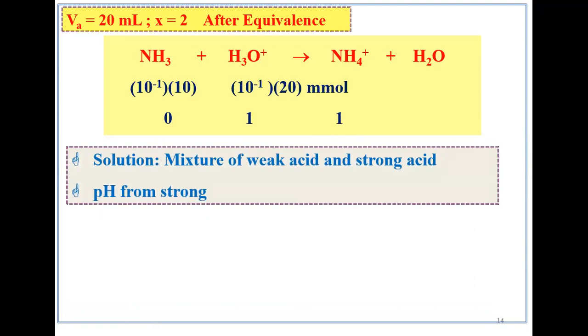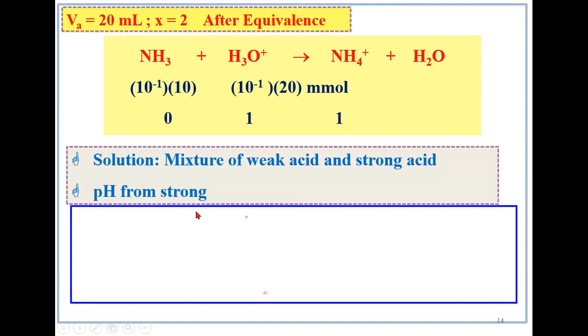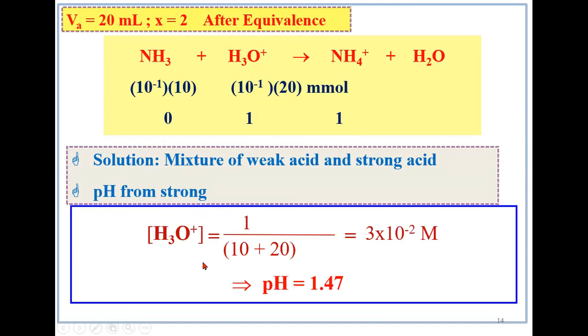What do you have? You have a mixture of two acids. I have a strong acid left in solution, excess amount, and I have a weaker acid, ammonium, produced in my solution. Of course, the pH is going to be determined from the strong acid, but I need its concentration. I have its millimoles. Do not forget to divide by the total volume, which is 10 for the ammonia plus the amount added for the acid, which is 20 mils.